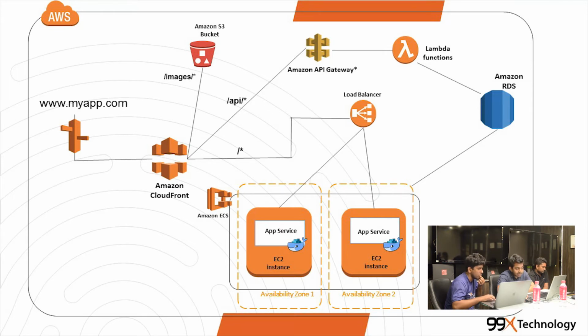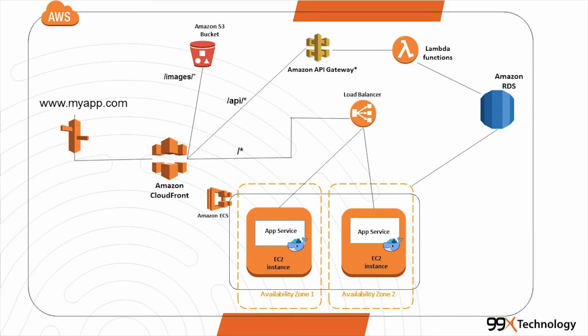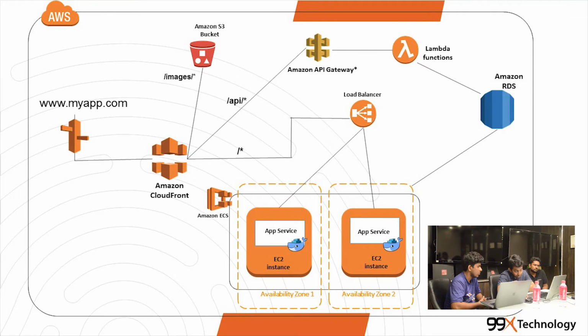Now why I said that a container management system is efficient, ECS maximizes the resource utilization, is that if you just use an EC2 instance and spin up a server, you can't spin up more servers in that EC2 instance. But with containers, you can spin up many more containers on the same EC2 instance or on the same server.